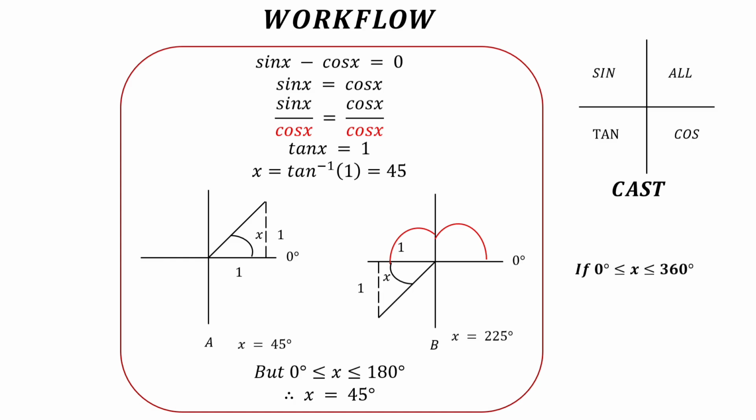But if we're given a different interval, let's say from 0 to 360, because these two values, 45 and 225, are both within this range, then we would have stated those two values as our final answer. But as far as the interval we were given in the question is concerned, 45 is our final answer for this particular question.